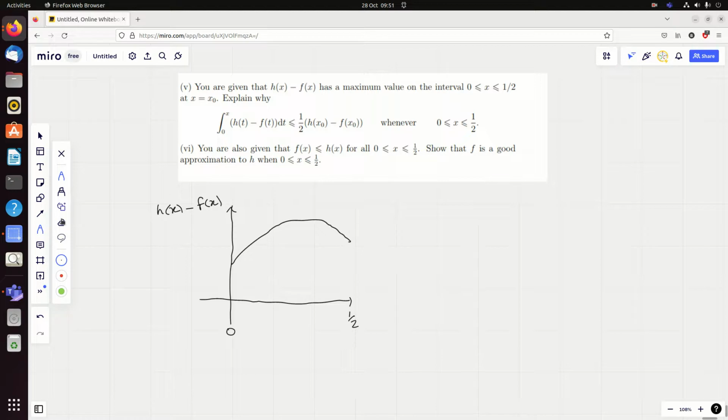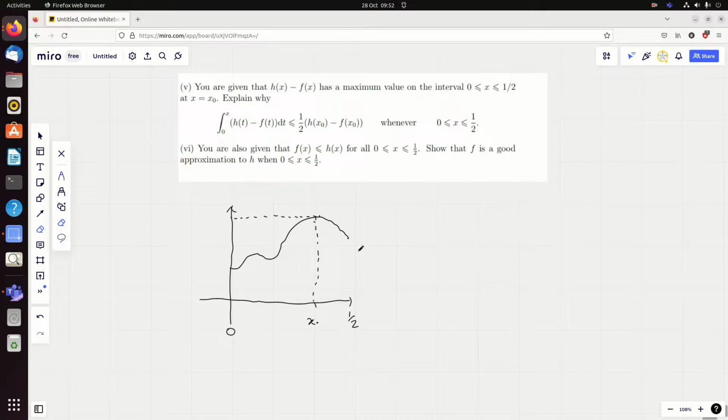Maybe it's not that simple a curve. Maybe it's doing something like this, I don't know. But it has a maximum at x equals x0. That's where the maximum is occurring. And at that maximum, the y coordinate will be h of x0 minus f of x0. Let me just move this up a bit.